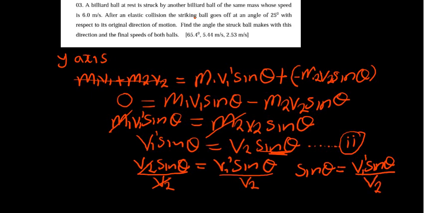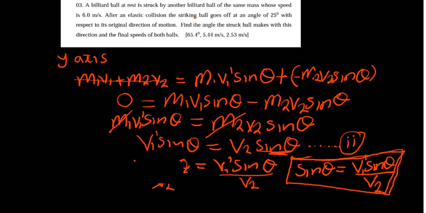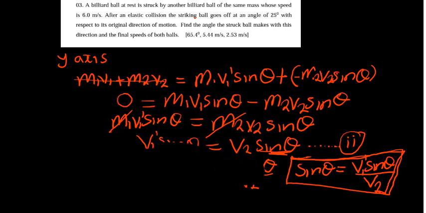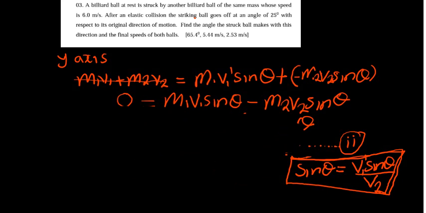So this is our sine theta. Like I said earlier, we need to combine these two, sine theta and cos theta, so that we use the trigonometric identity to find one of the velocities.